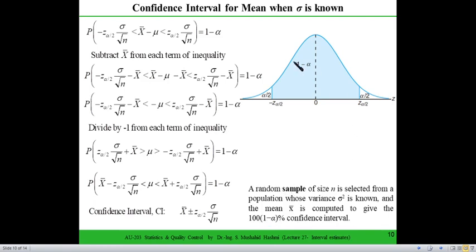Most of the time we pick a value of 95% confidence, which is why I always pick alpha to be 0.05, but alpha can take any value. You can take 4%, 3%, or 9%. It could be any value, but I am just picking alpha to be 0.05 here.